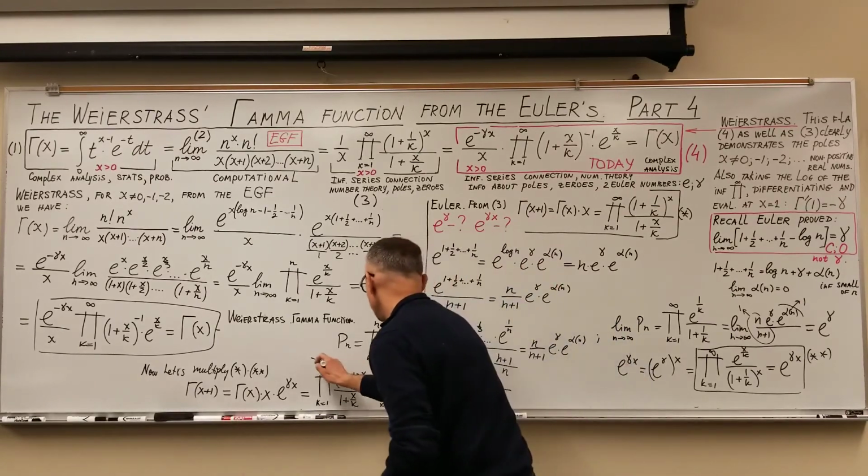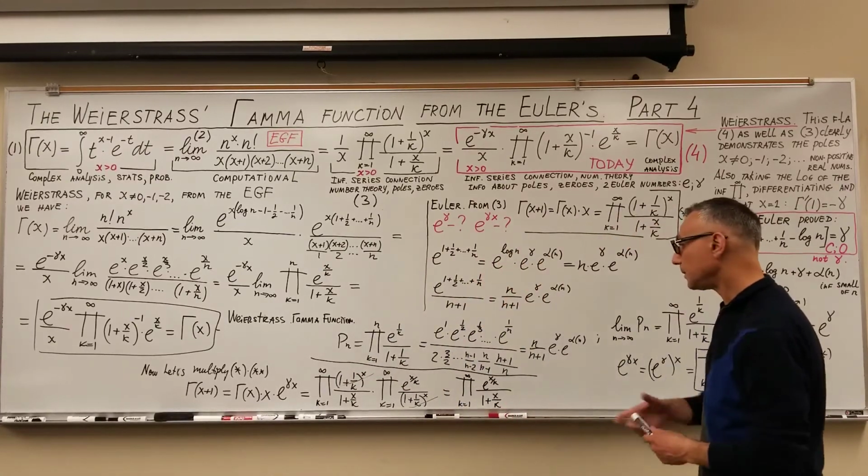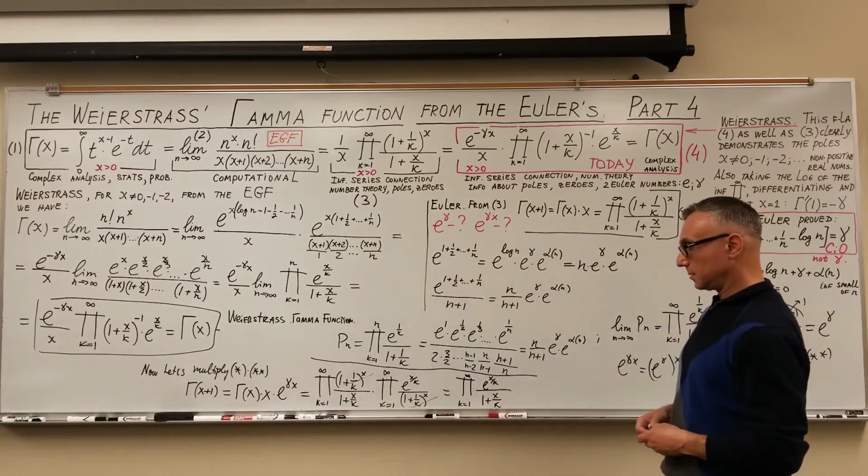We're almost there. Practically finished. So it's equal to gamma x e to the gamma x.